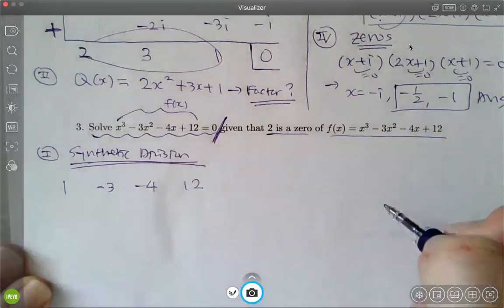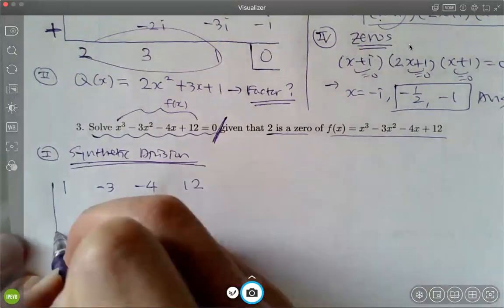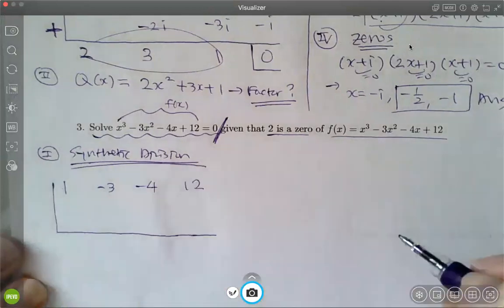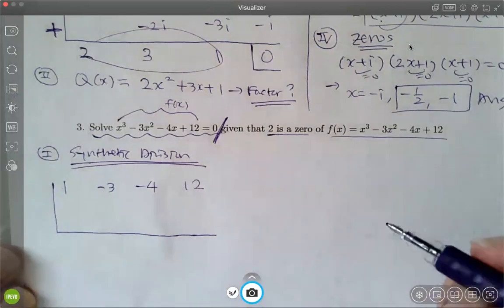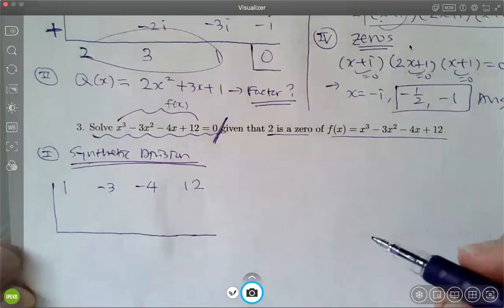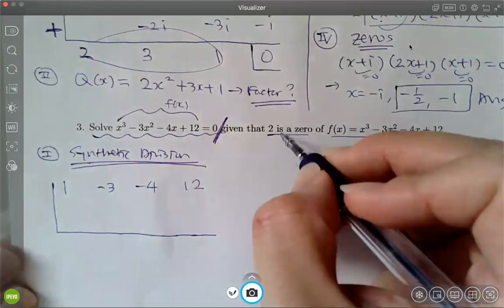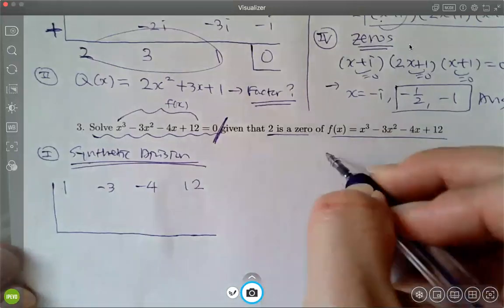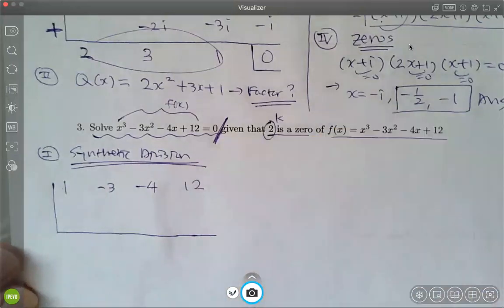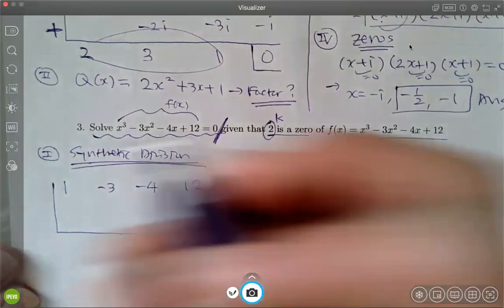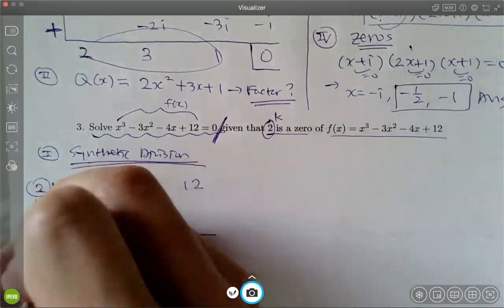And then we draw this half rectangle. Now there is no divisor here. Are we in trouble? No. Why not? Because 2 is a 0. What does that mean? I have been labeling the 0 as k, so 2 will go outside.